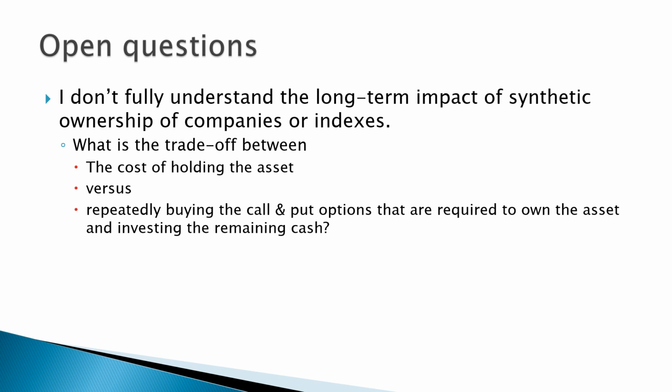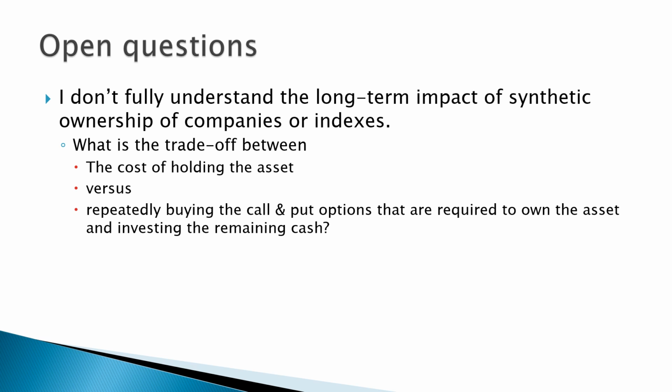Is it better to actually own the underlying asset, let's say SPY, versus buying call and put options on a recurring basis? When you buy it synthetically, you obviously have a ton of cash left over, so that cash generates interest income because it can be invested. Whereas when you hold the underlying asset, your capital is tied up, and what you're getting is the dividends thrown off from the S&P 500 or the NASDAQ 100, which is very low.